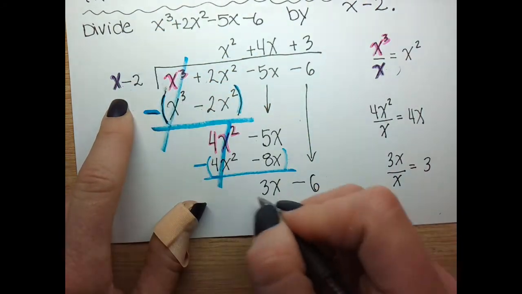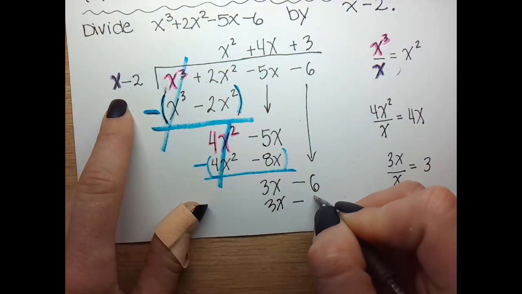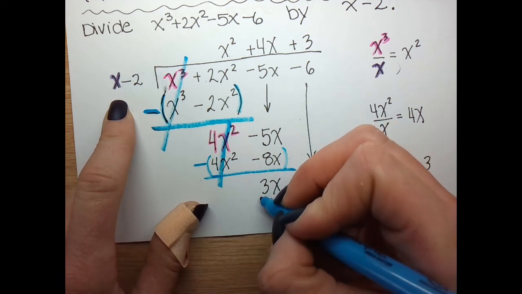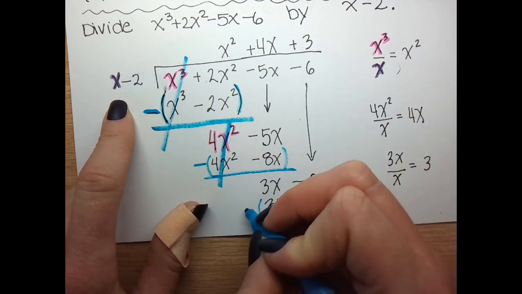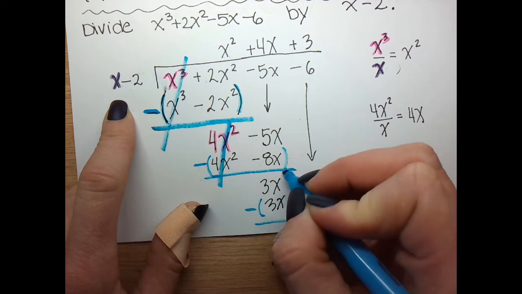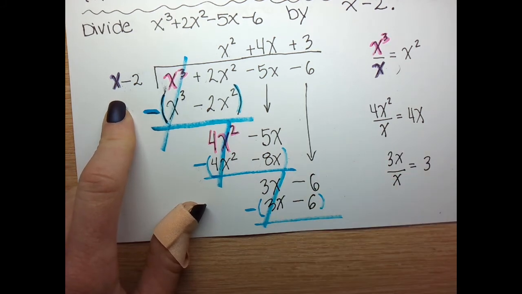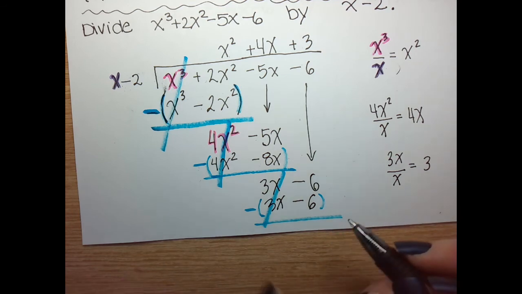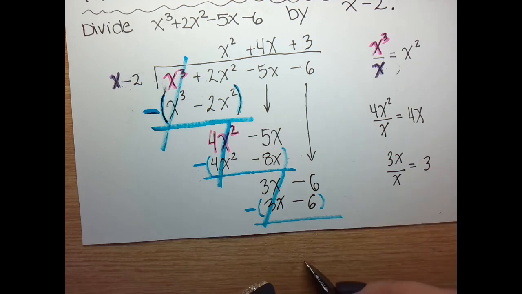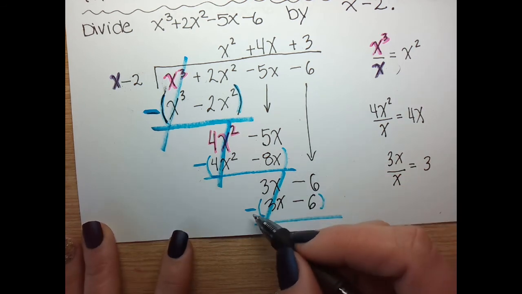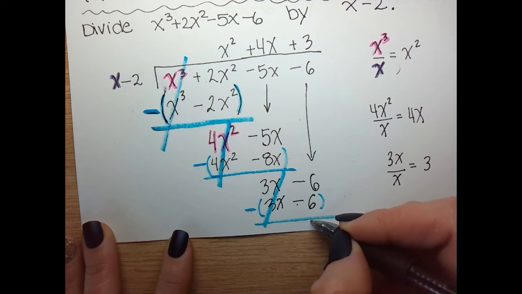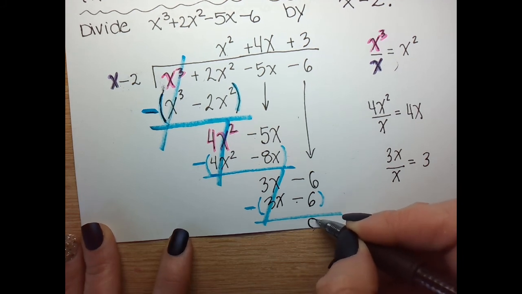Multiply it, we get 3x minus 6. The big phrase, parentheses, minus sign, underline, cancel. Now, here I'm going to write the number, even though I know you might want to just cancel. I cross out, yay. But negative 6 minus negative 6, as a number, I could write 0.